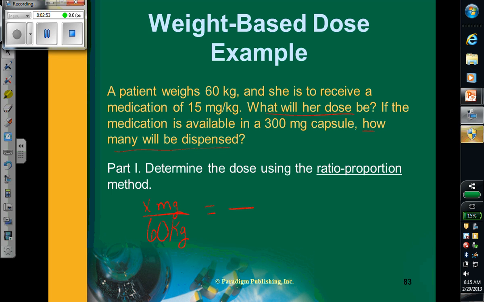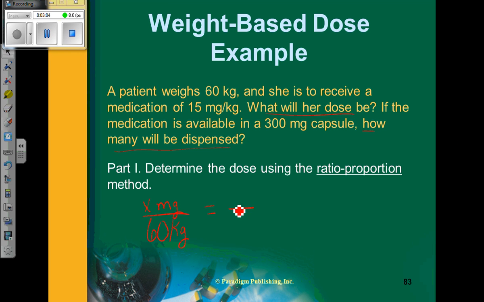If you look into your word problem, she is to receive a medication of 15 milligrams per 1 kilogram. So you have milligrams on top, so you put your 15 milligrams on top, and your 1 kilogram on the bottom because you have kilograms on the bottom over here.